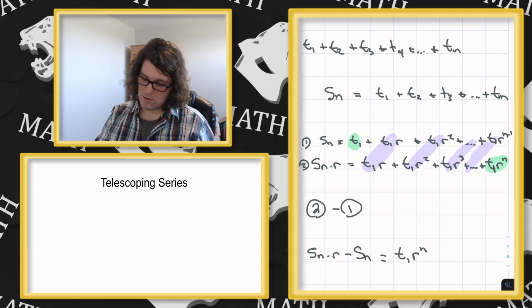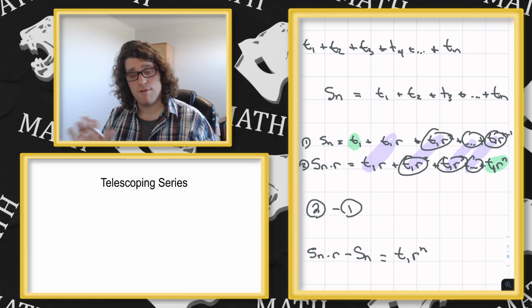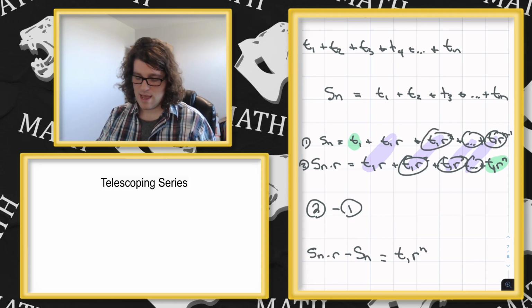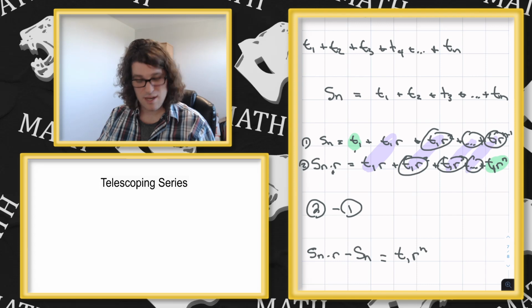Everything else, I'm technically taking this and subtracting the copy, this and subtracting the copy, this and subtracting the copy. 0 every time. At the end, though, there's nothing here to subtract this from. There's no copy, so I just end up having to subtract the T1 at the end.